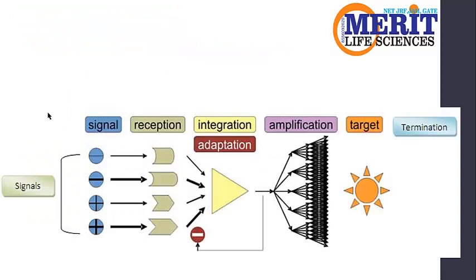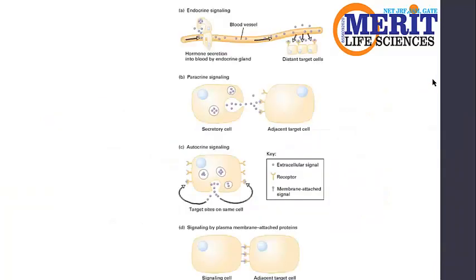So you can see here graphically, there must be signal, there must be reception, and there is transduction, and after transduction there is amplification, then it reaches the target, and then there is a termination of the response.